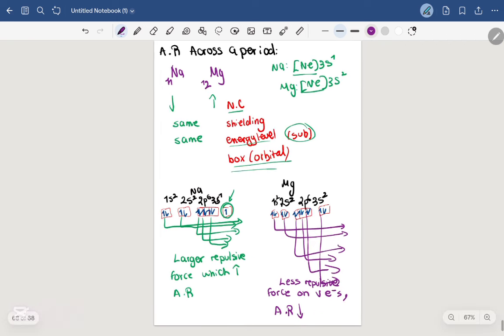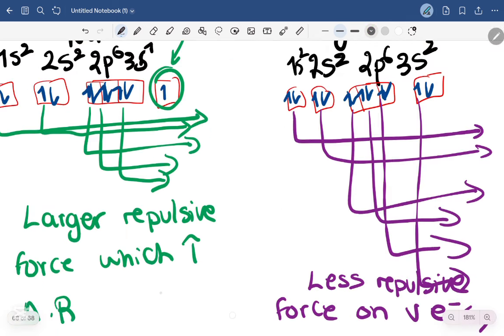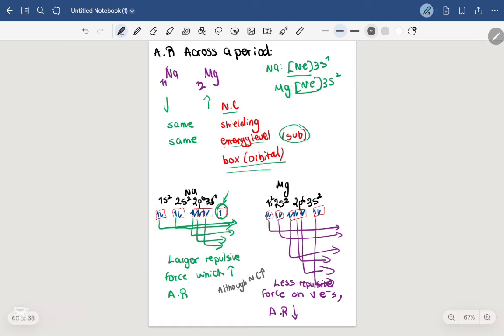So what do we need to know? We need to know that as we go across the period, the atomic radius decreases. And if this were to come in the written part, you are supposed to write, although nuclear charge increases, because as nuclear charge increases, logically speaking, it's supposed to increase the atomic radius.